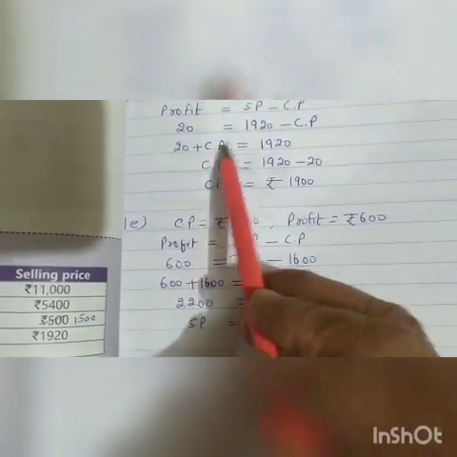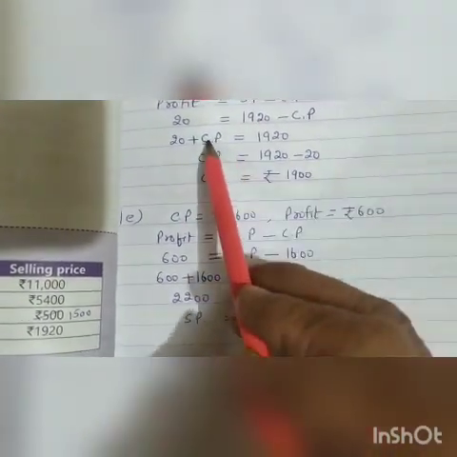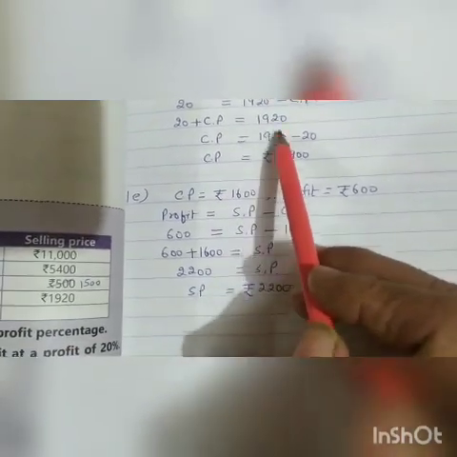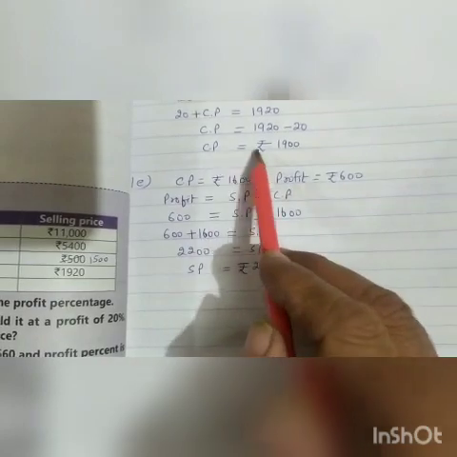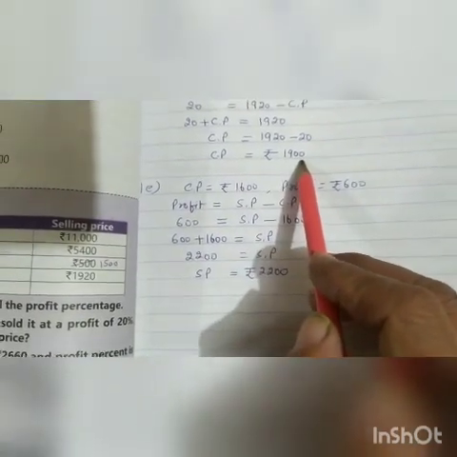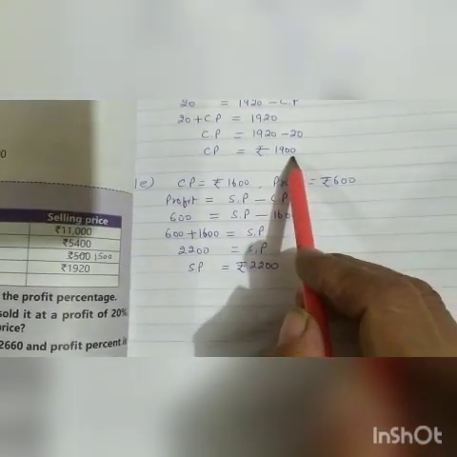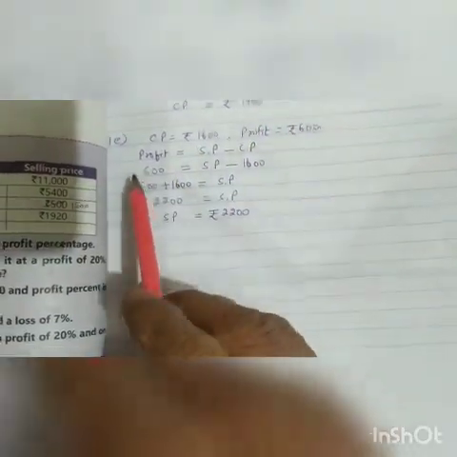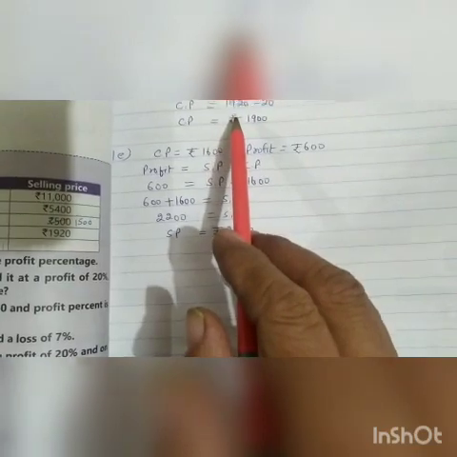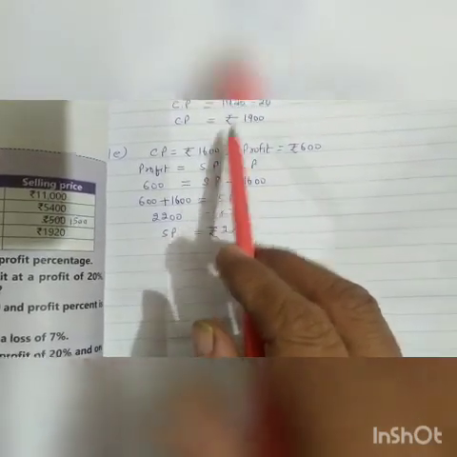It is plus CP. 1,920. Now CP is equal to 1,920. Take this 20 to this side. So cost price will be rupees 1,900. We will fill in the column of cost price 1,900. Now after solving we will fill the column. Do not fill the column first.